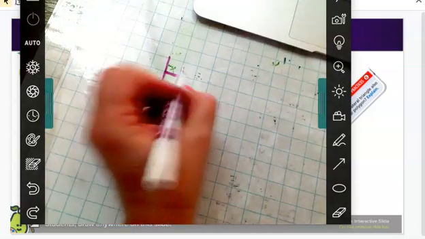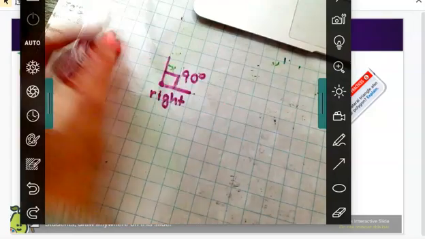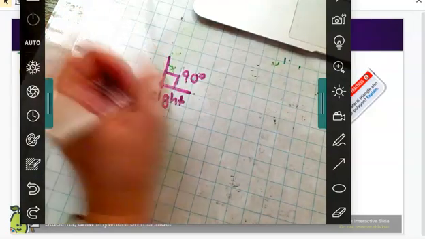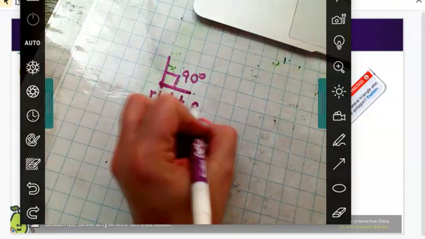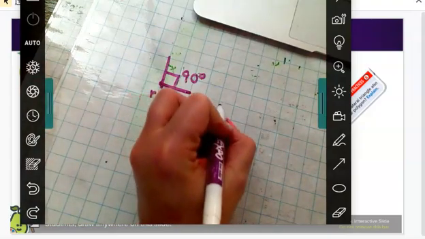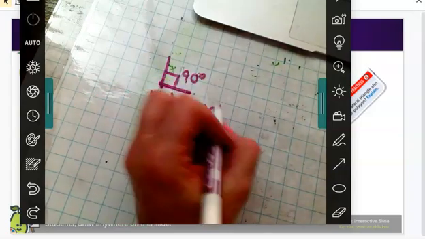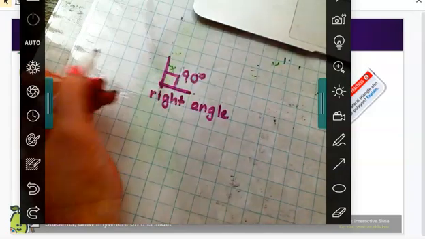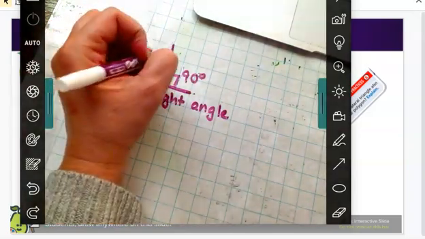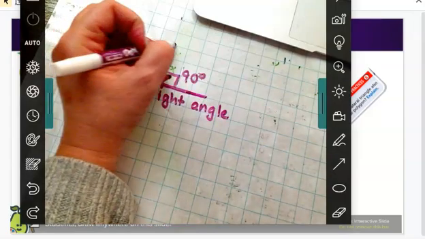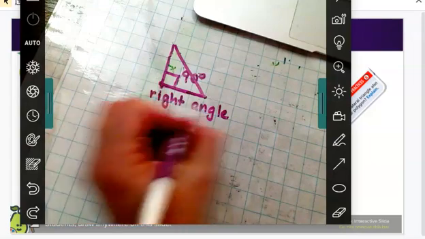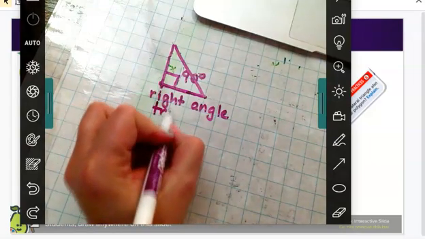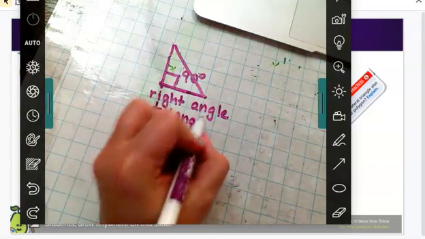And right angles are 90 degrees, and they're very special because these 2 sides come together perfectly, forming a right angle, and we use it for shelves, we use it for all sorts of things. So when a triangle comes out and goes through, this is now called a right triangle because it has a right angle.